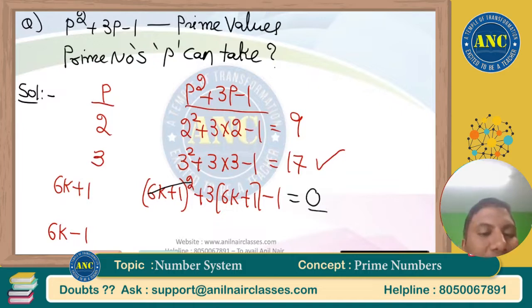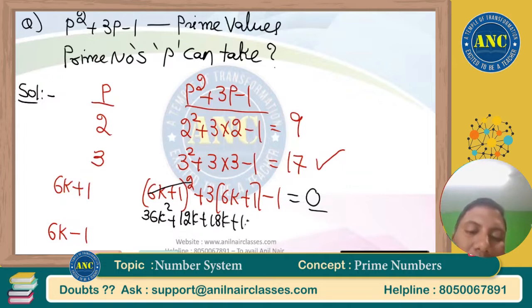That means it is perfectly divisible by 3. Again opening: 36k square plus 12k plus 18k plus 1 plus 3 minus 1. Divisible by 3, divisible by 3, divisible by 3. 1 minus 1 cancel. 3 is divisible by 3.